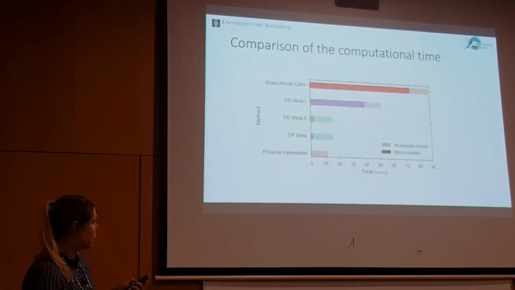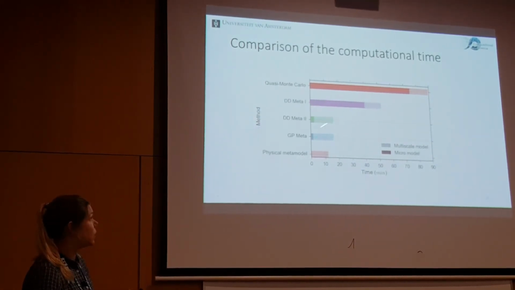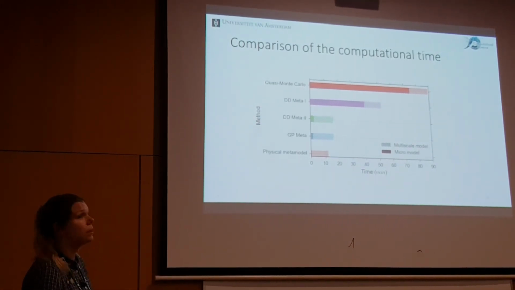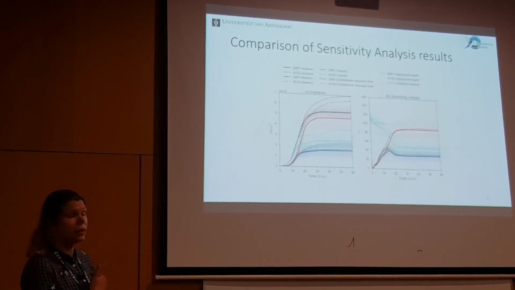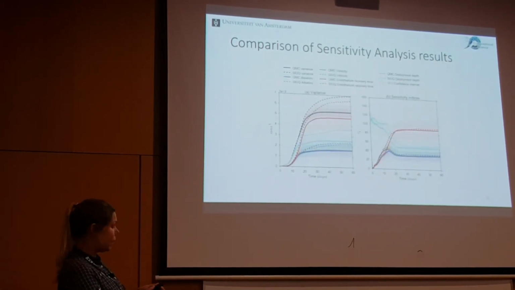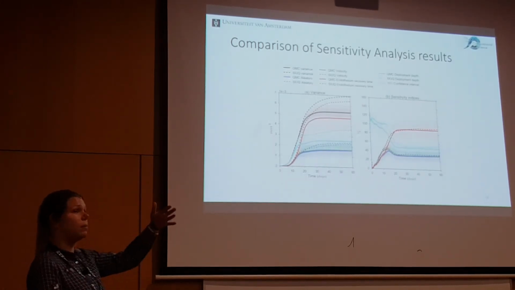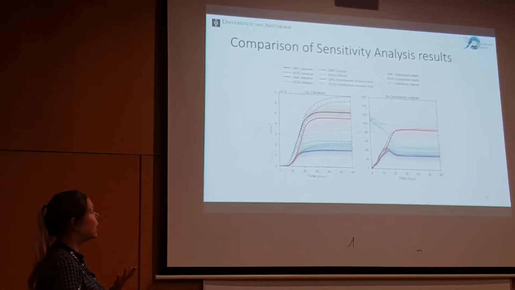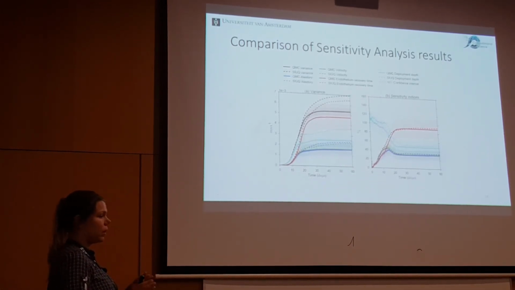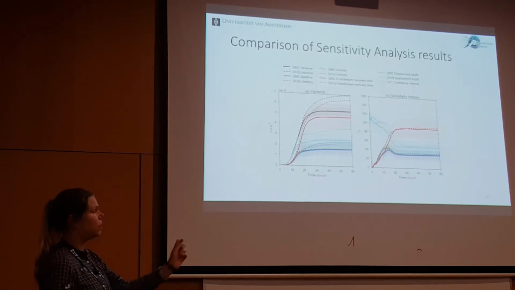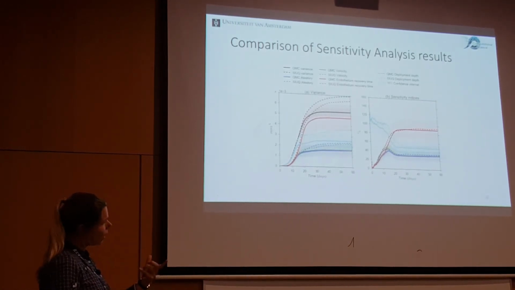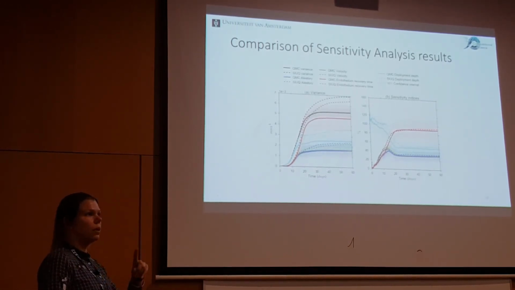I told you that the Gaussian process shows us the best results. So we tried with this metamodel to also reproduce the sensitivity analysis results. And what we saw is that the partial variances actually are overestimated, and we explained this by how it is computed: you find the difference when you change the value of a single parameter. In addition to this, we also receive the difference coming from the error.